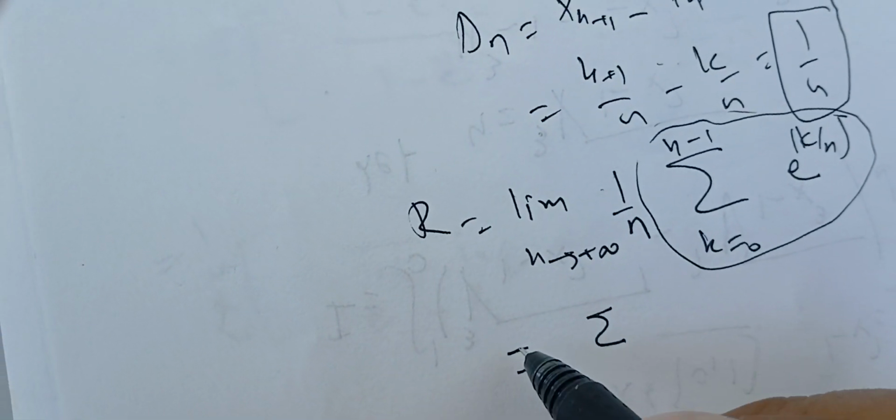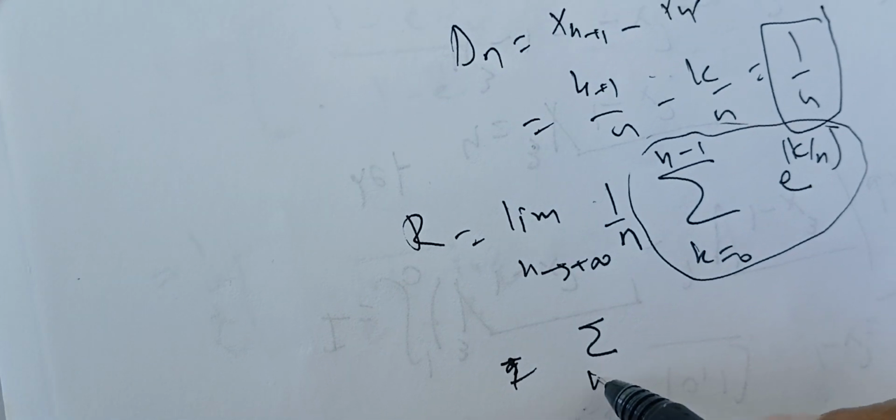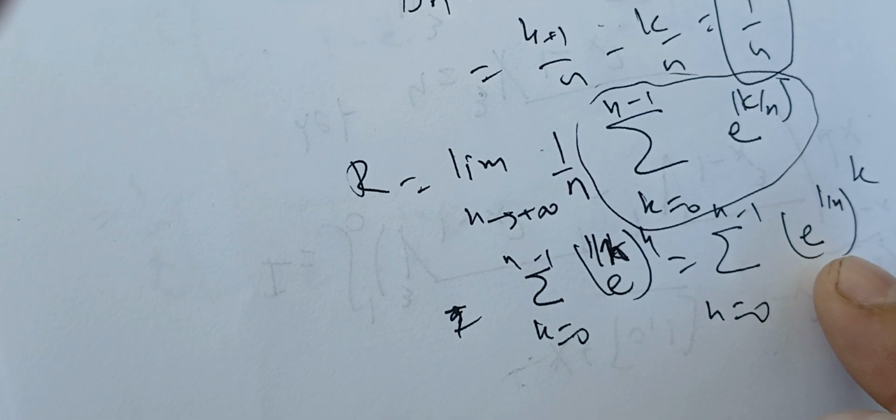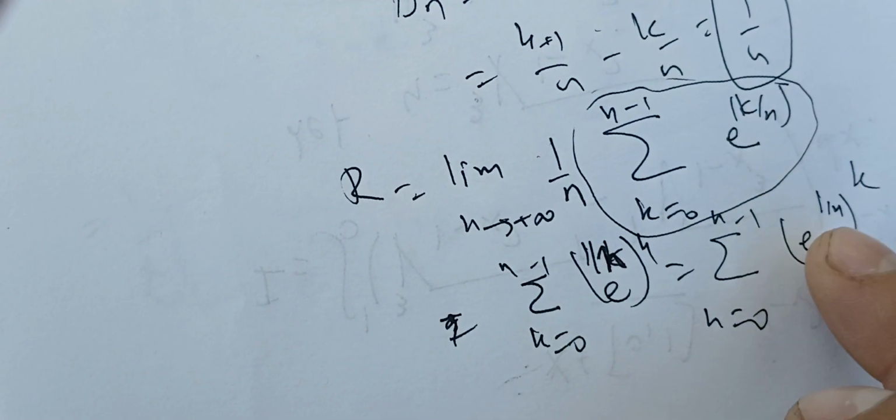So the sum, k from 0 to n minus 1, of e to the 1 over n, everything to the power k. So this is a geometric sequence with the ratio, or the base, e to the 1 over n.